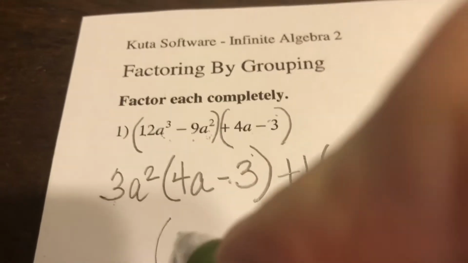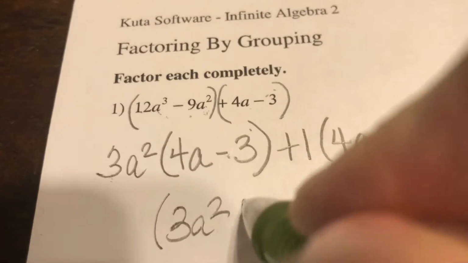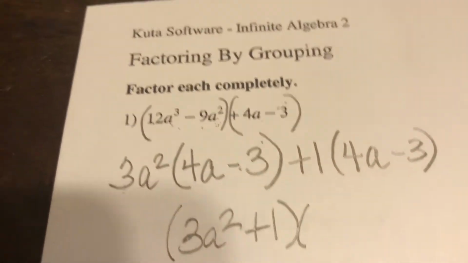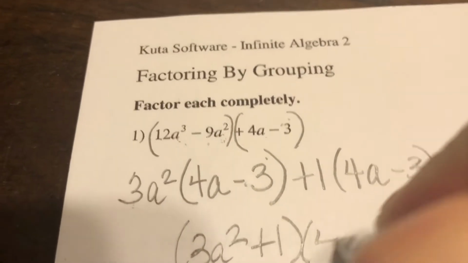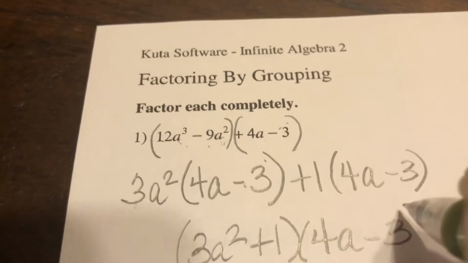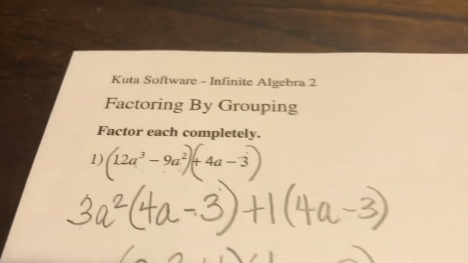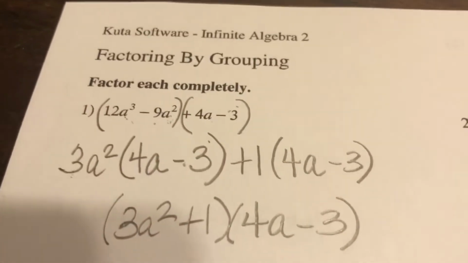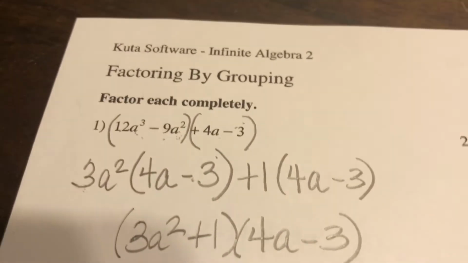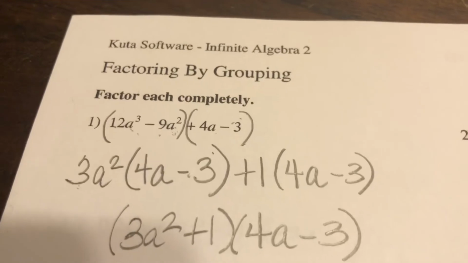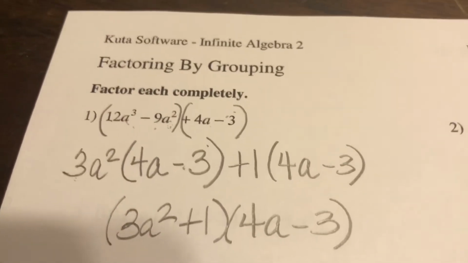So this would be the quantity 3a squared plus 1 times the quantity 4a minus 3. And that would be my factoring for that one. Okay? All right, I thought that one was kind of neat. We haven't really seen one like that, so I thought that was pretty cool.